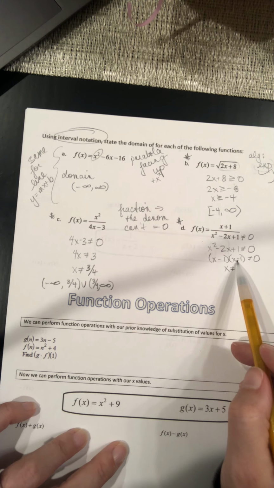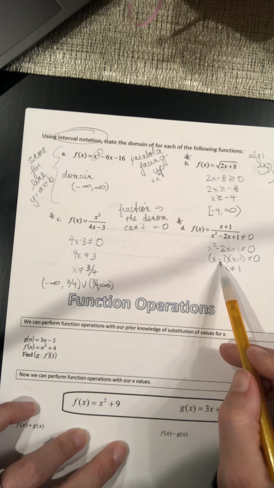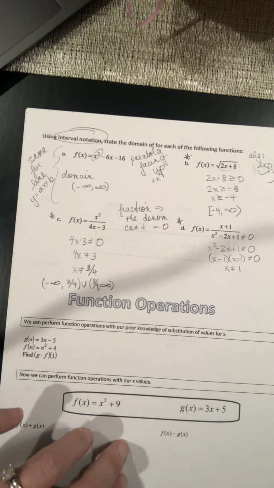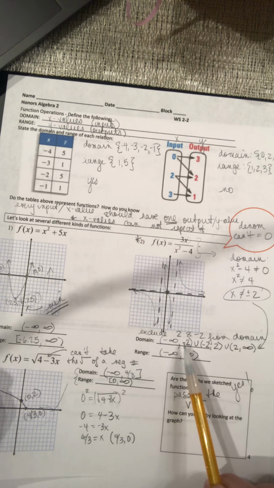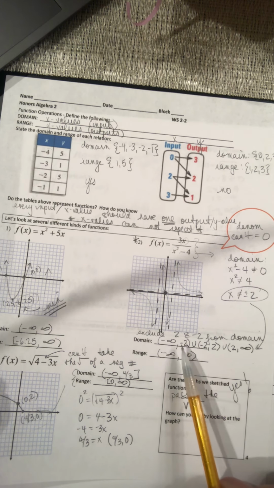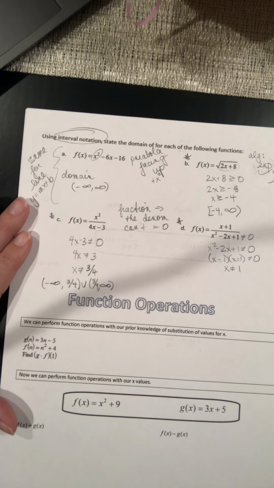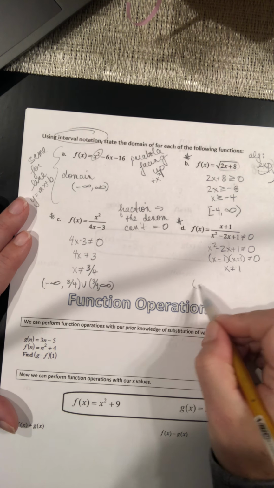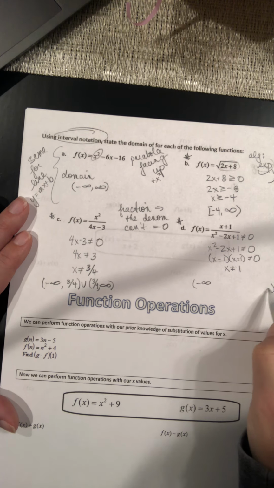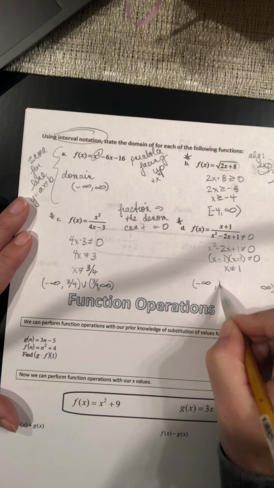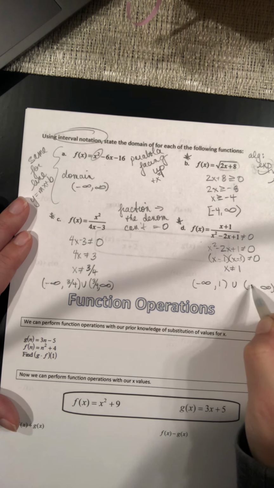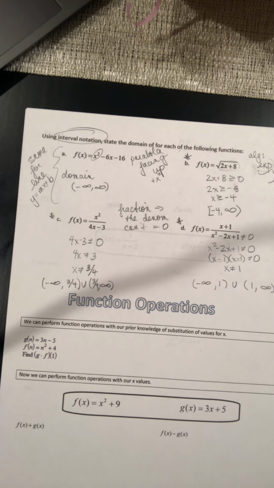If they were different factors, then we'd have 2 excluded values, and your domain would look like this with 3 sets of parentheses with 2 excluded values, okay? But here we only have 1. So we're going to say this goes from negative infinity to positive infinity, except for 1. And that's my domain, okay?